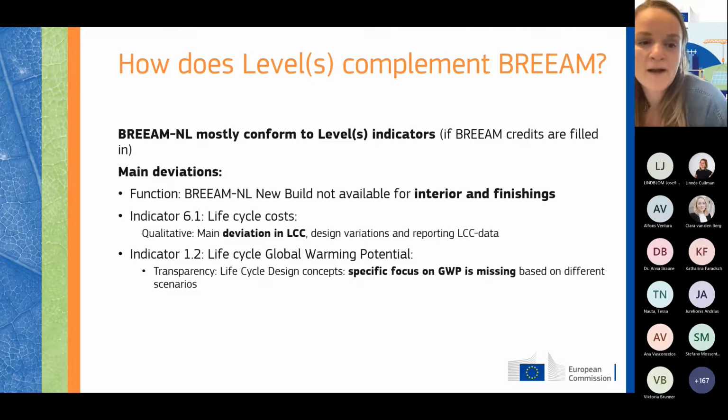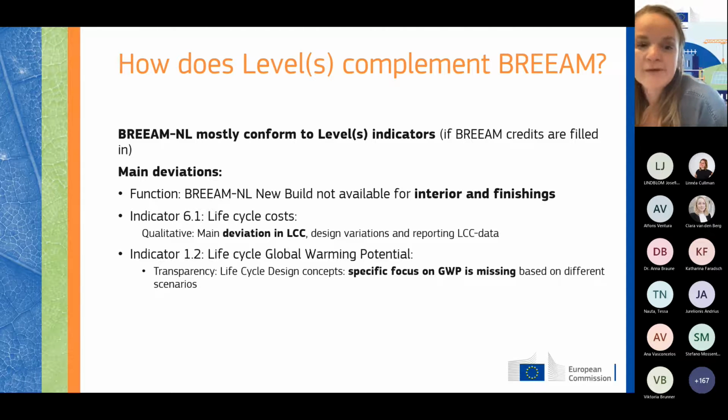And I think the countries with a certification scheme that have been around for a couple of years see a lot of recognizable indicators within the levels framework. And we believe it's a really good thing that that harmonization can now also be done with other countries who are maybe not totally familiar yet with certification schemes.